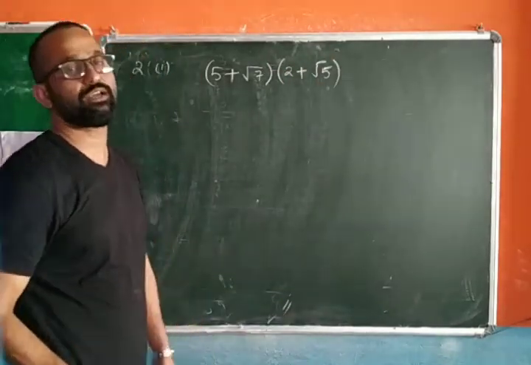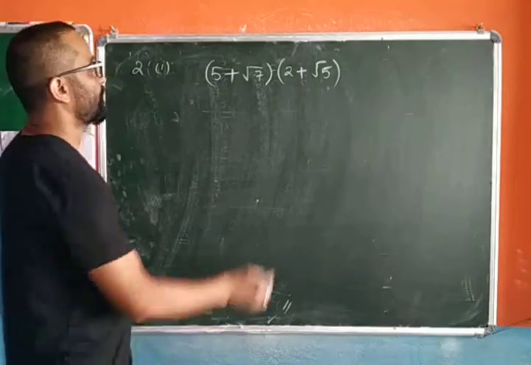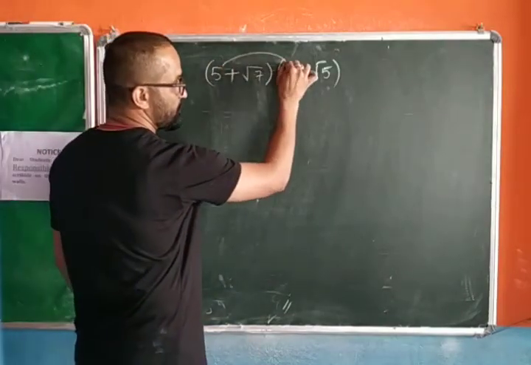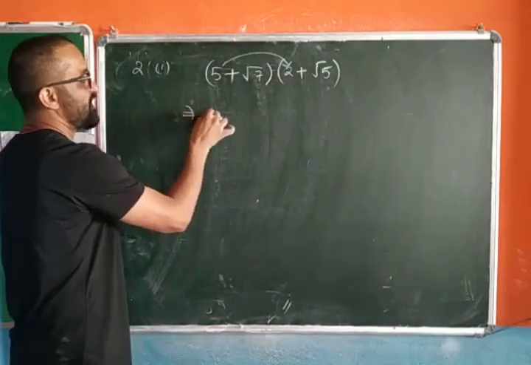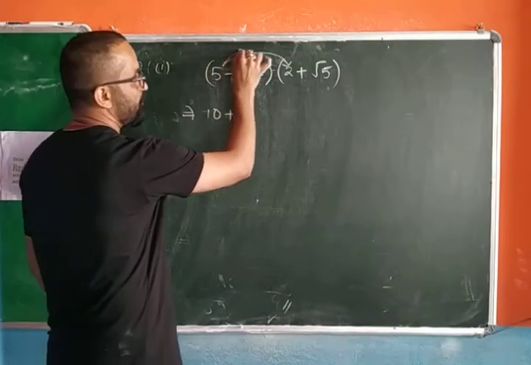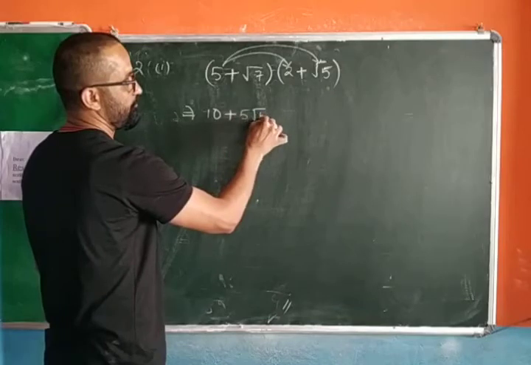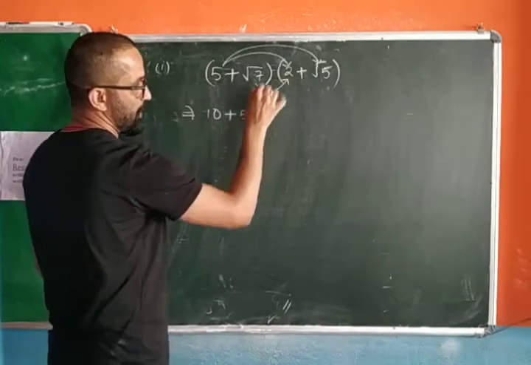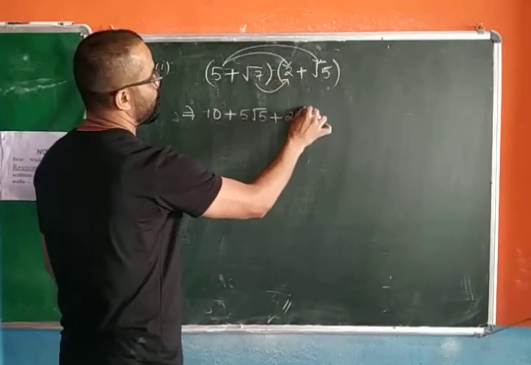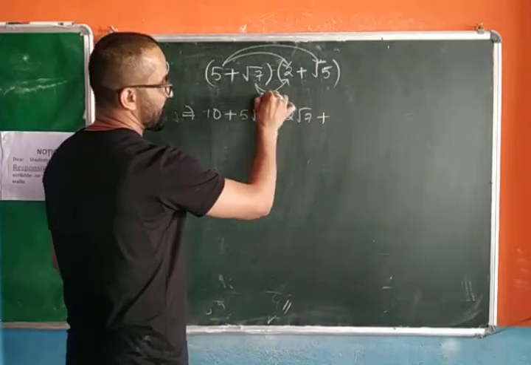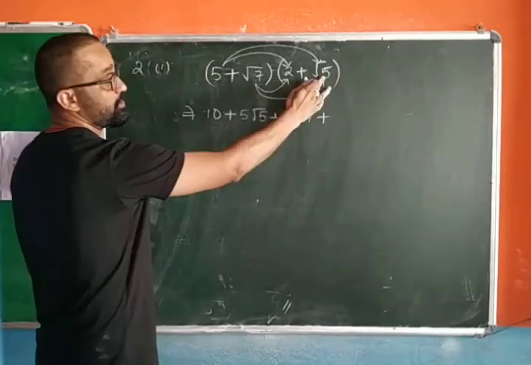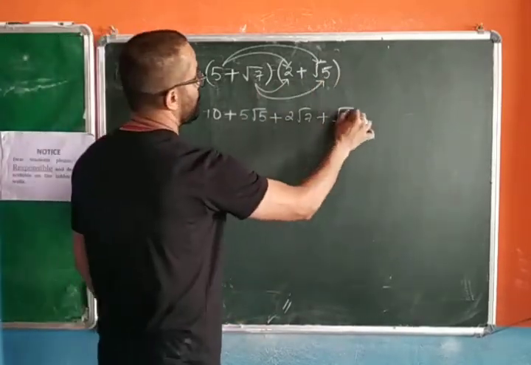Simple algebraic multiplication. 5 multiplies 2, you get 10. Again 5 multiplies root 5, you get 5 root 5. 7 multiplies 2, it is 2 root 7. Root 7 multiplies root 5 will be root 35.